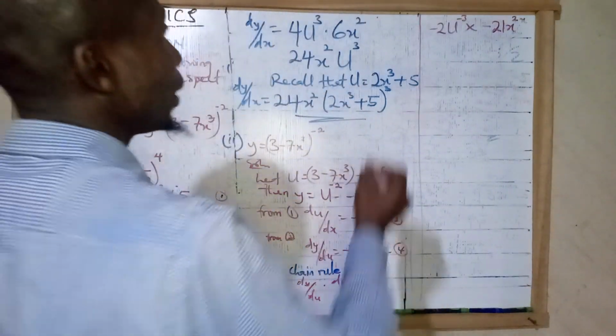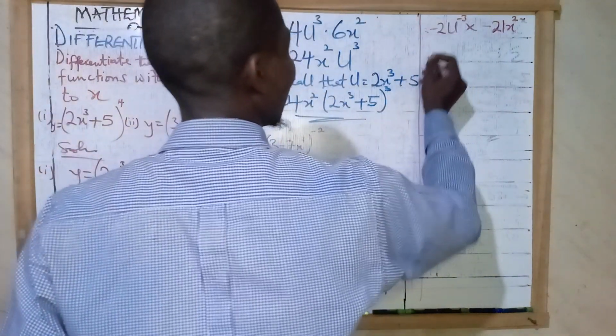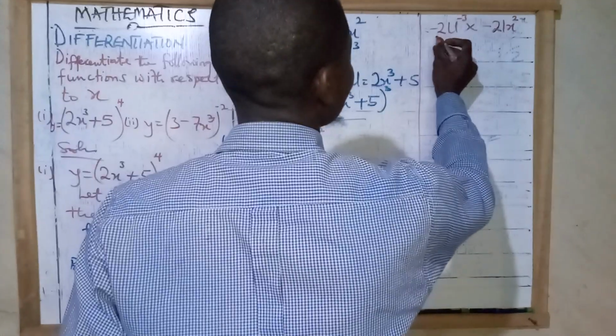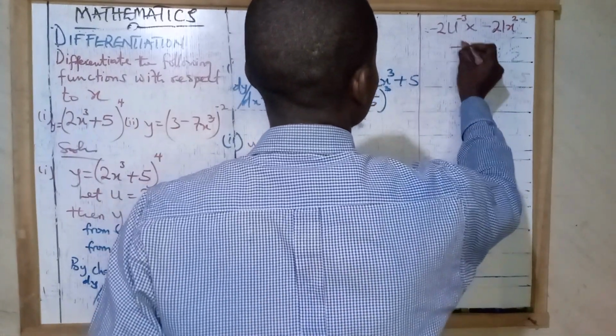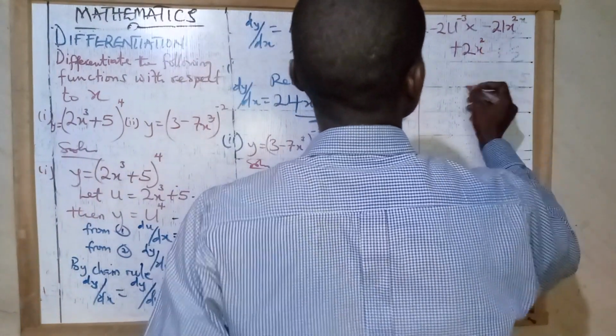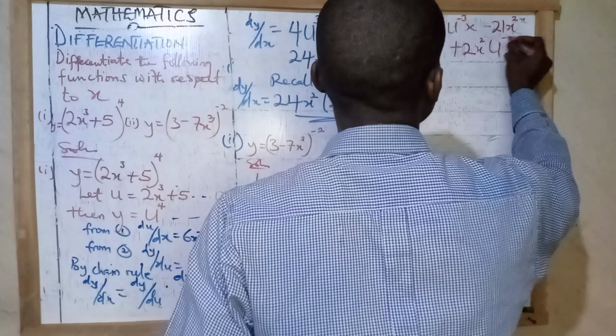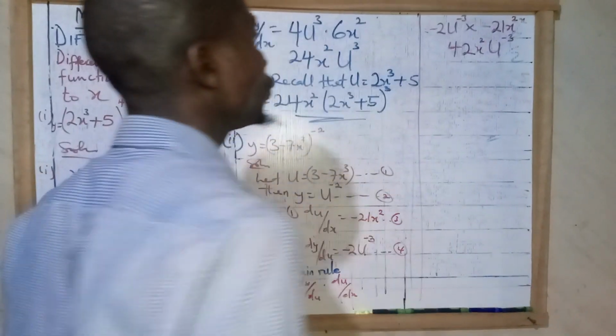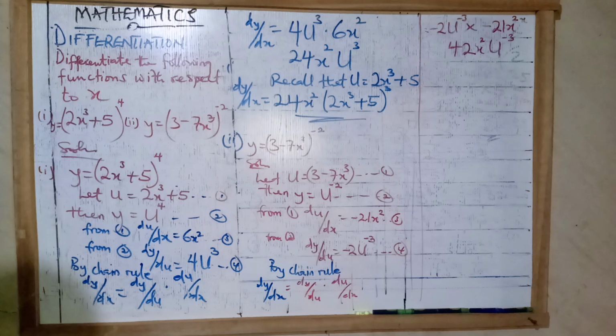Okay, now we find the product of this to have minus 2 times minus 21, that's plus 42x^2, then u raised to power minus 3.